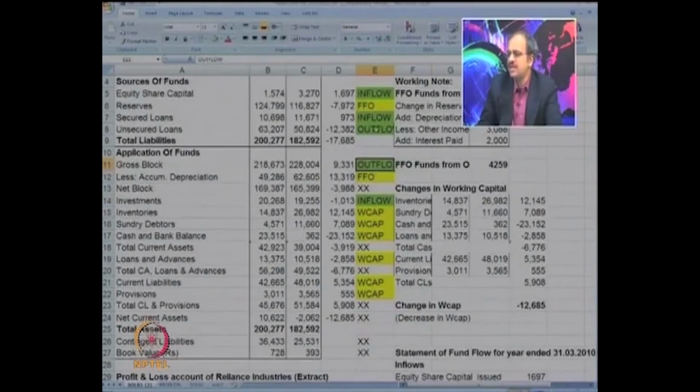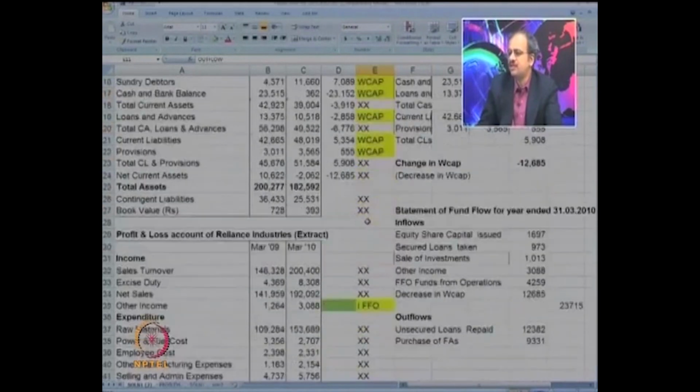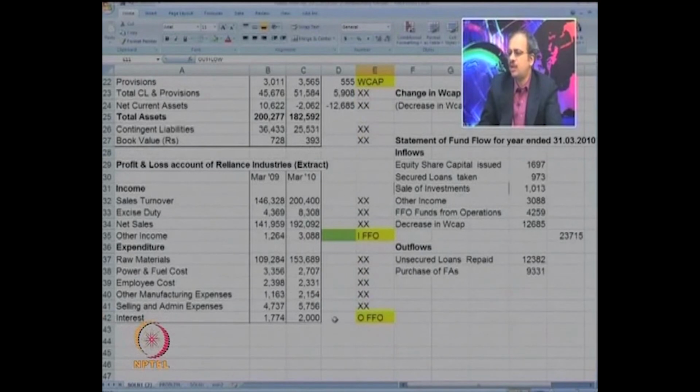Now there is no item left directly from the P&L account except the last item, which is interest. This represents the interest paid, so it is an outflow. We will take the current year figure, which is 2000.